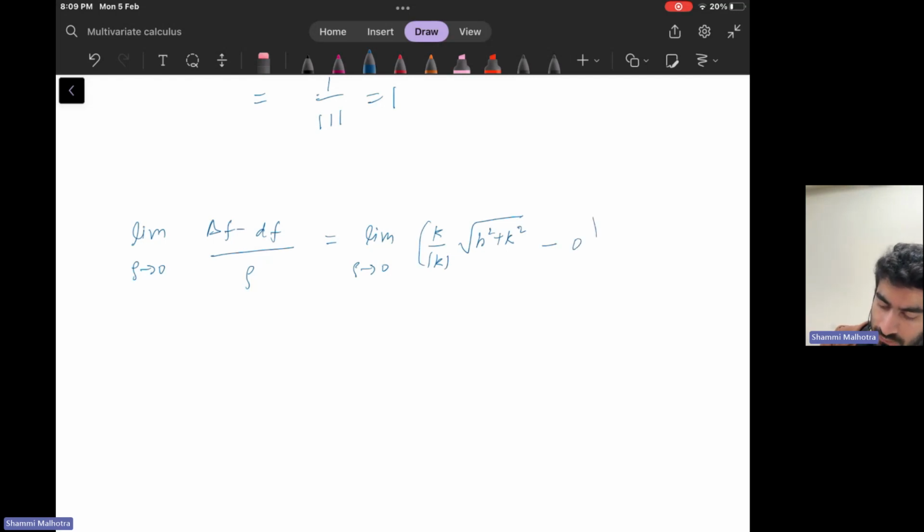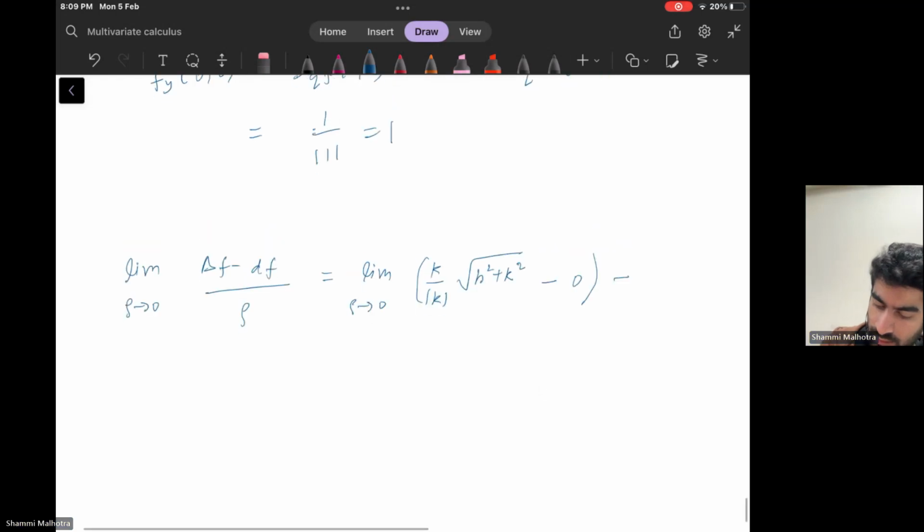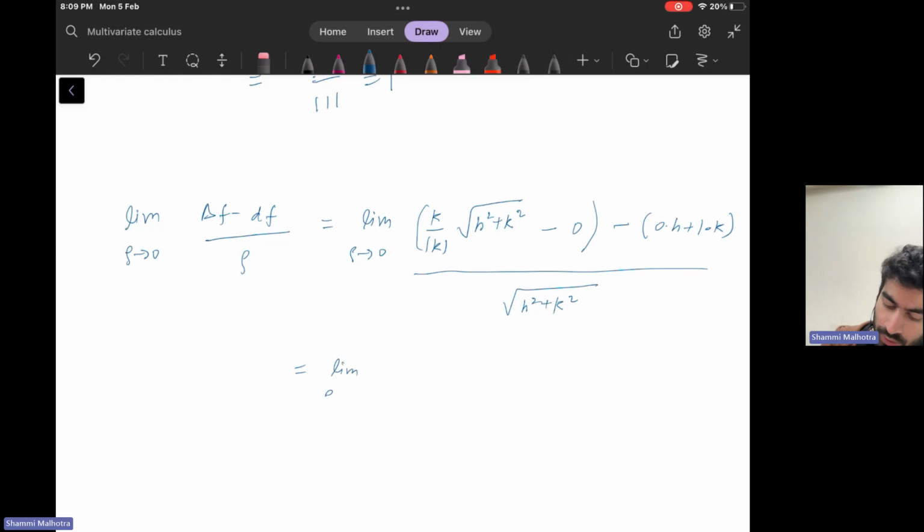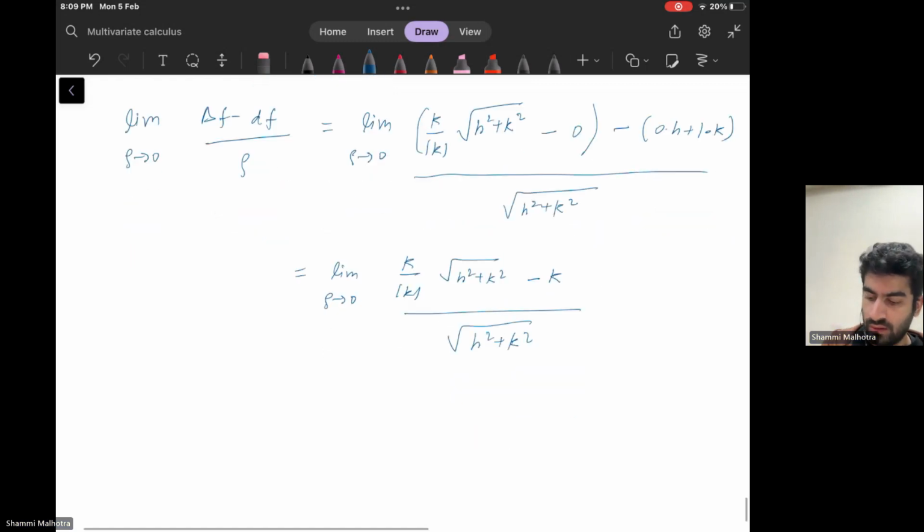This is my change in f, and df is given as 0 times h plus 1 times k, whole divided by rho. Rho is the square root of h square plus k square. So this is the limit of k divided by mod k times the square root of h square plus k square, minus k, whole divided by the square root of h square plus k square. So we have to see whether this limit exists or not.